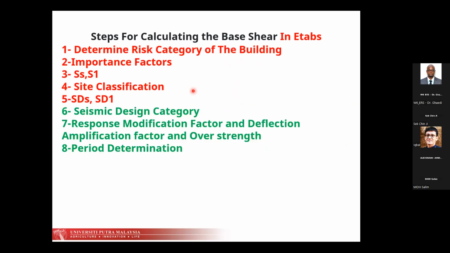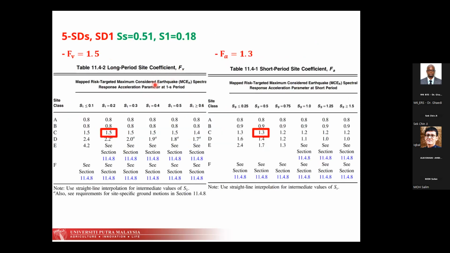After that, we can calculate SD1 and SDS, but before that we need FV and FA. When we multiply FA with SS we get SMS, and when we multiply FV with S1 we get SM1. These are the adjusting coefficients for the site class of our structure.